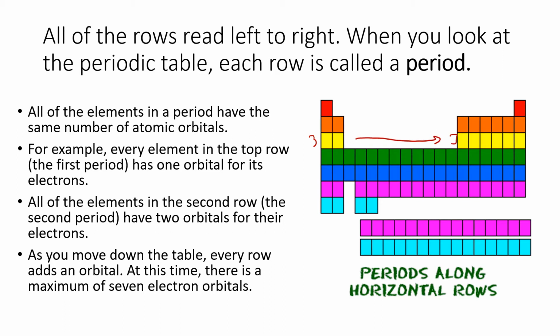So you know that they all have the same number of orbitals. Even going from here to here, yes, this is 3d, but they still have 4 orbitals on each side around each of the nuclei for these elements.